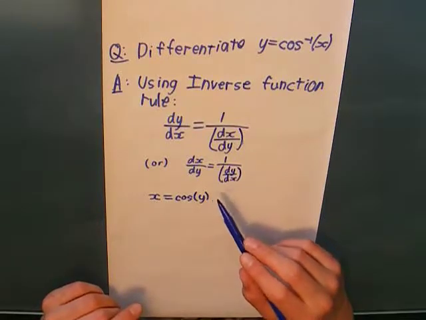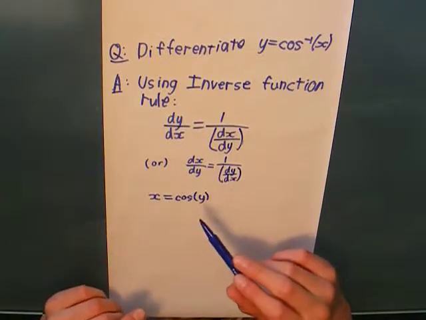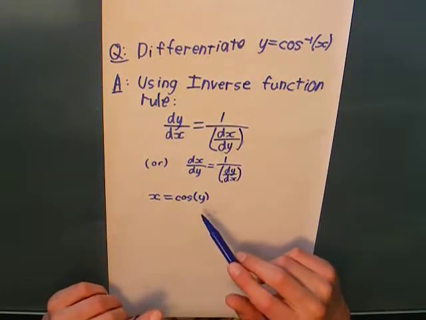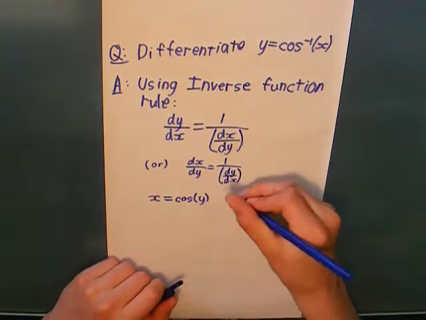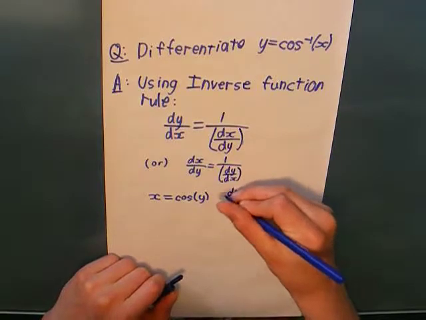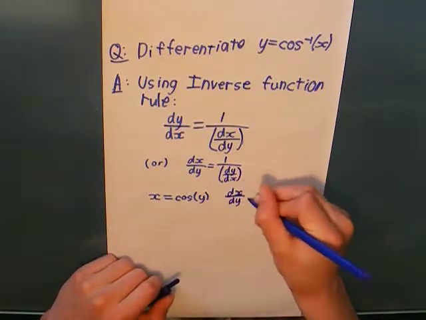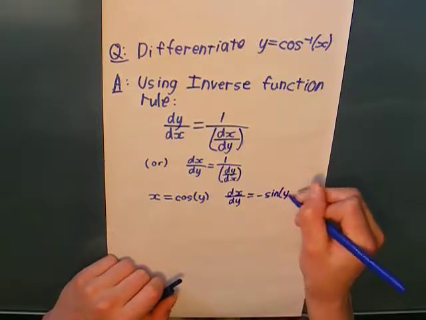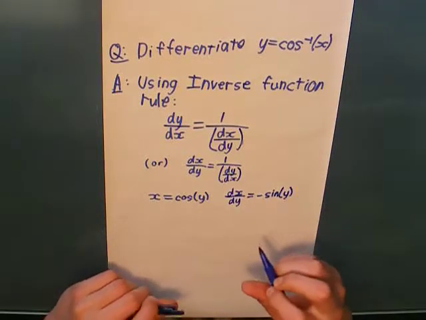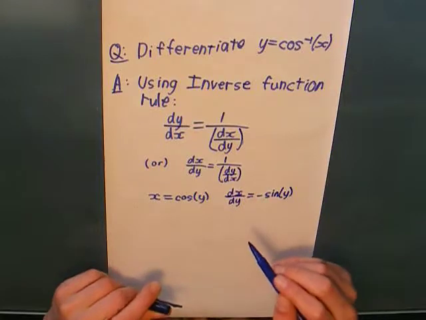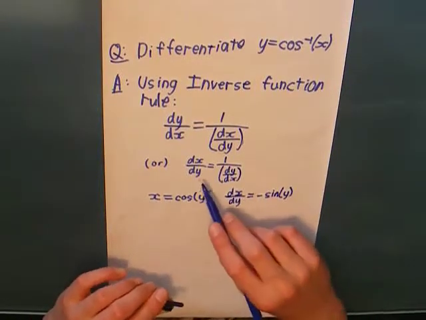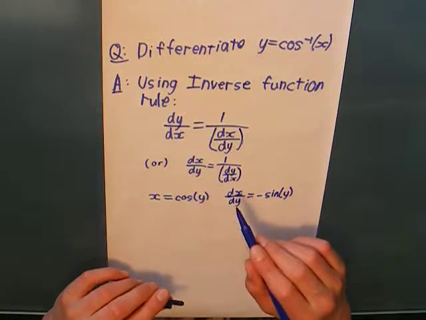Okay. So now I know that the derivative of cosine is negative sine. So dx over dy equals minus sine of y. Okay. So now I know that minus sine y equals 1 over dy over dx.